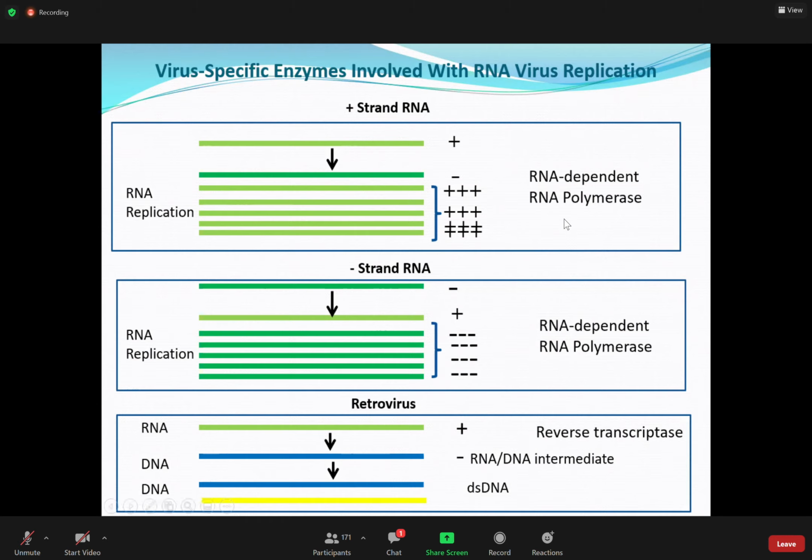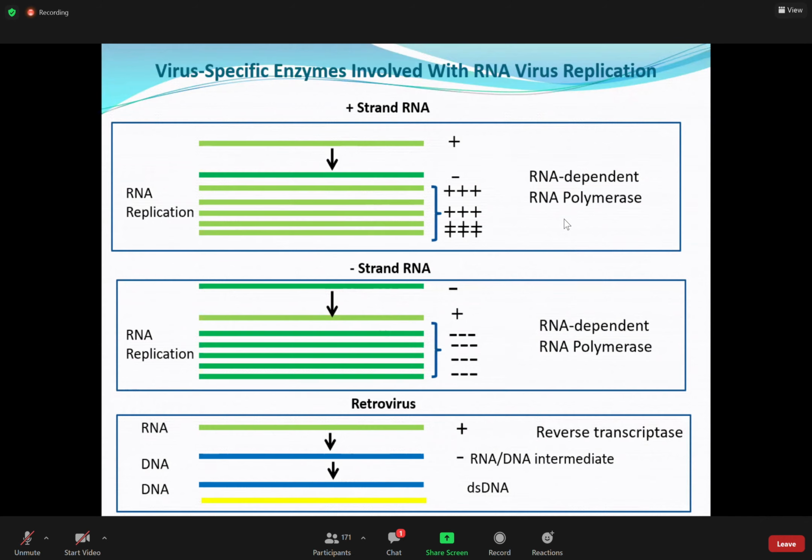But now, think about what if a virus is a minus strand genome. Now here, this minus strand genome is not a messenger RNA. So it means that when it infects a cell, the cell's ribosomes cannot read to make protein out of that minus strand. So in essence, what these viruses need is a pre-made RNA-dependent RNA polymerase packaged within these virus particles.